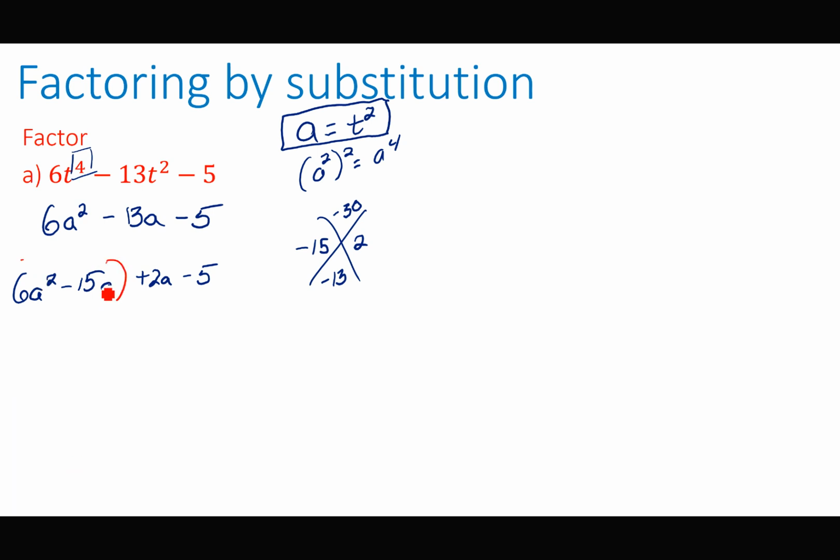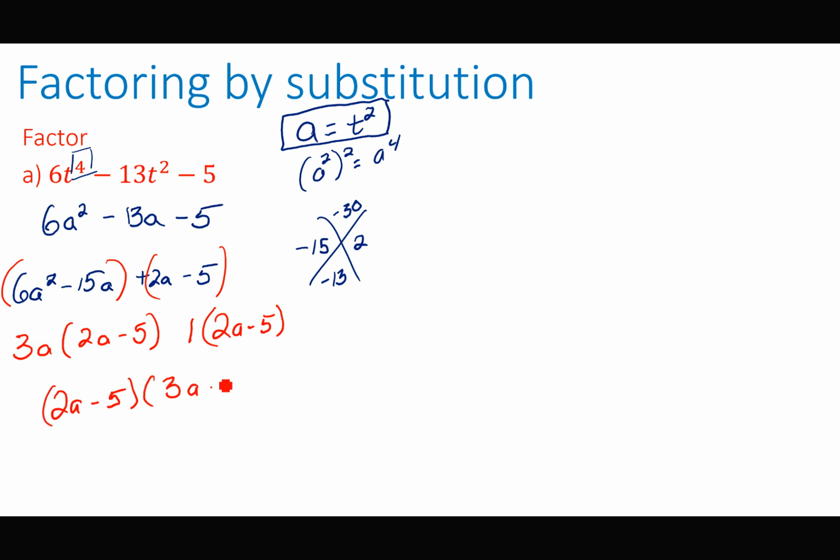Do the factor by grouping. I could factor out a 3a, so this would be 2a, and then minus 5. Conveniently already have 2a minus 5, so really all I had to factor out would be a 1. So 2a minus 5 is my common factor, and then 3a plus 1 would be the other one.